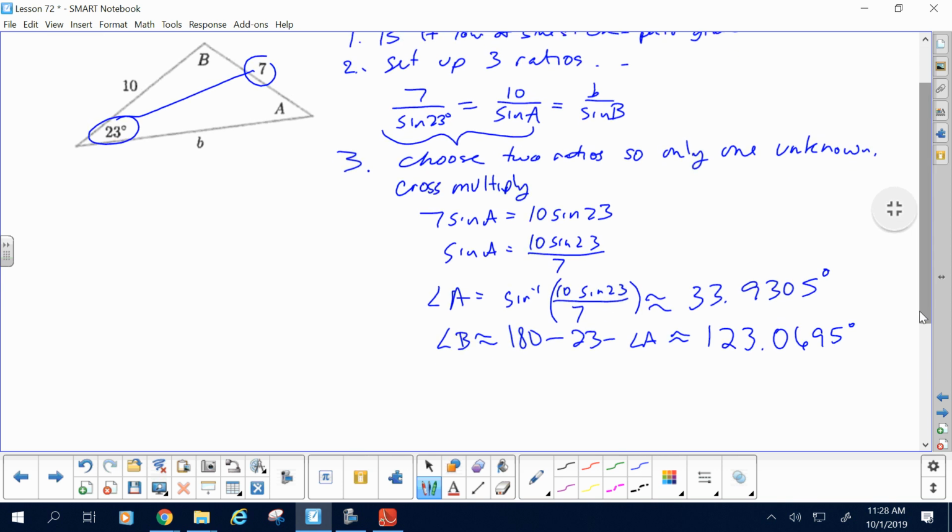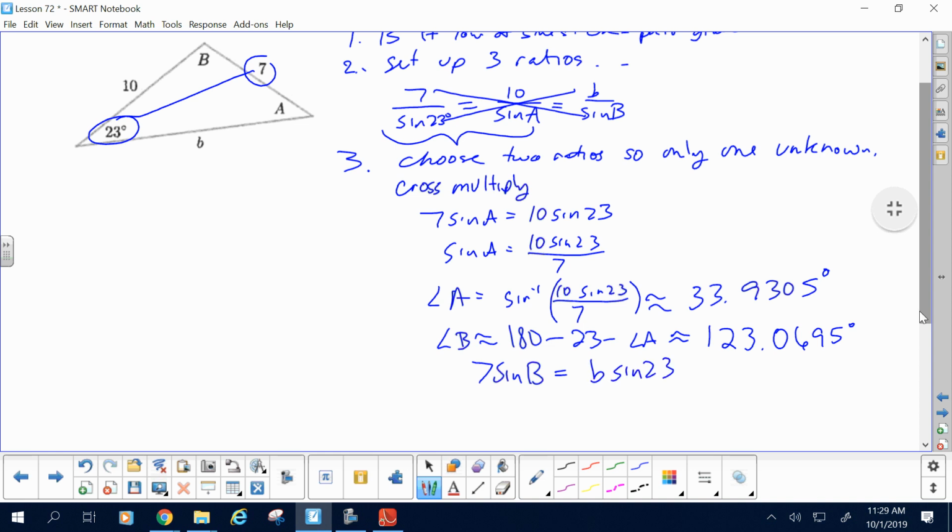Now let's find little side B. How do I do it? If I take this ratio, now that I know angle B, I can use the law of sines again. Give me my cross product. 7 sine big B equals little b sine 23.